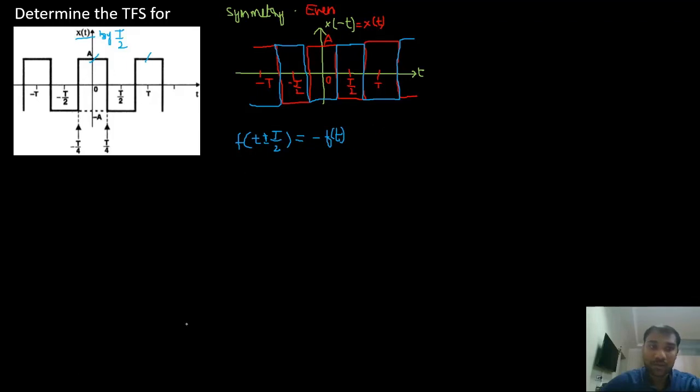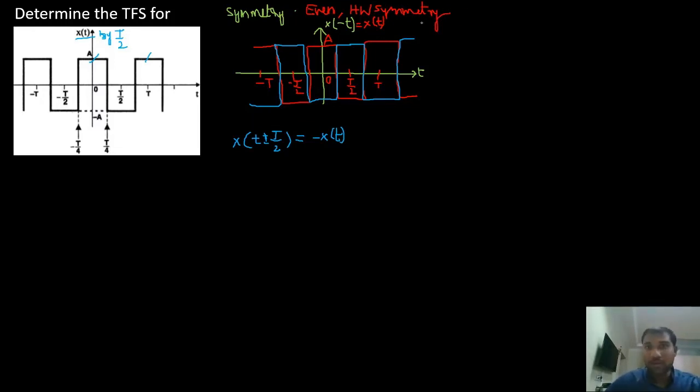So here we can say x of t plus or minus t by 2 is equal to minus of x of t. So which means it also exhibits half wave symmetry, right? It exhibits half wave symmetry.